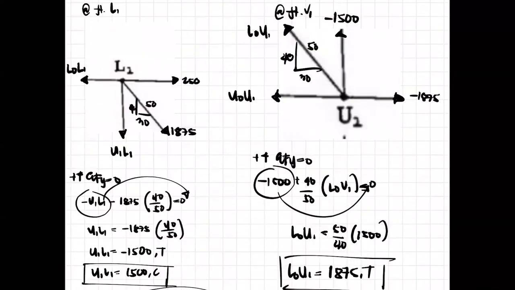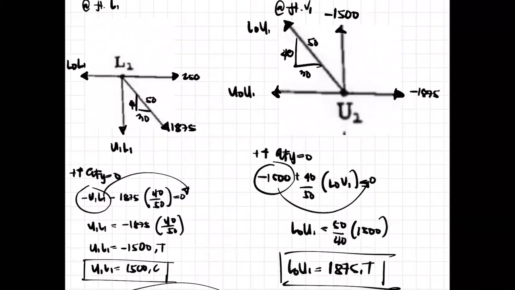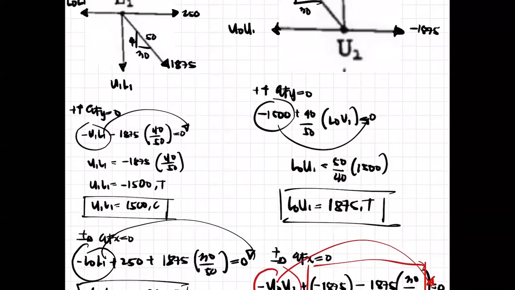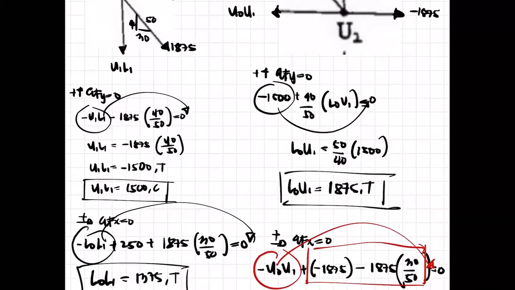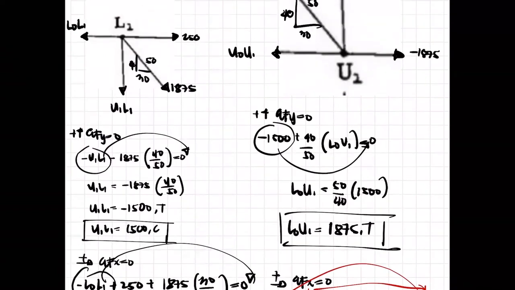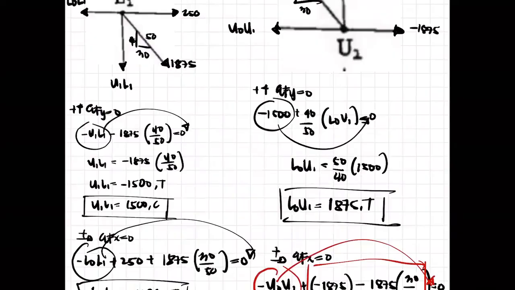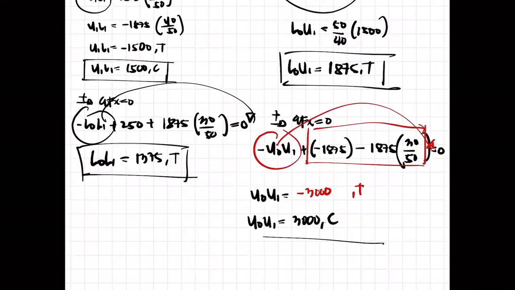Tama? LOU1. So, LOU1 is negative 1875 times the 30 over 50, and then going to the left na value of 7, that is negative 1875. Okay? So, this is correct. So, i-recheck ko na lang yung mga na-checkan ko.